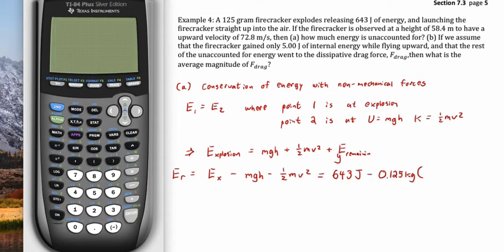And then g, so 9.8 meters per second squared, times our height of 58.4 meters, and then plus, because we factored out the negative, 1/2 times v squared, or 72.8 meters per second squared.